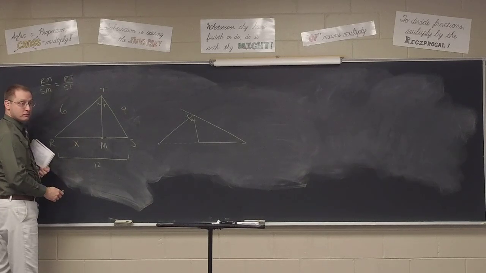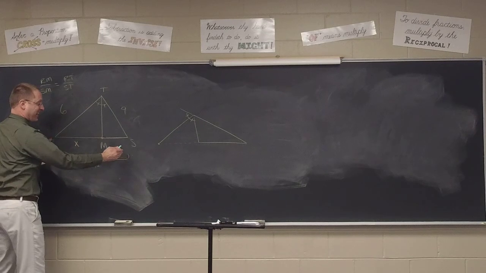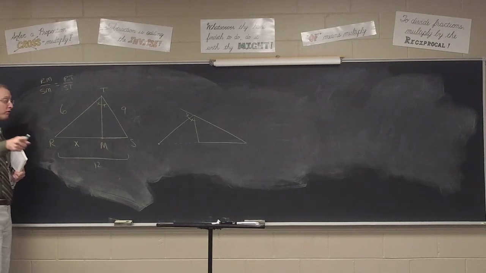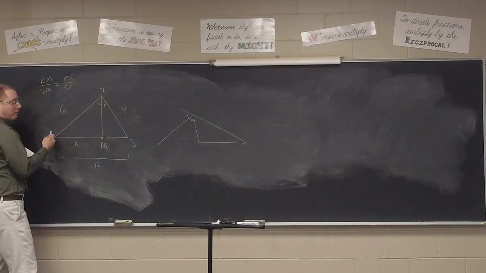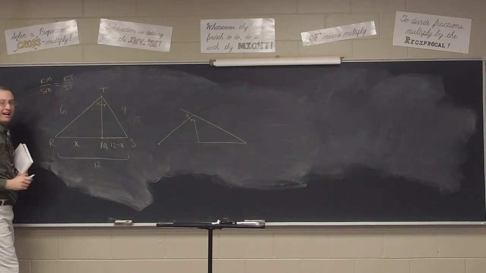Would it be X plus 12? So you see, if I take this piece and I add them together, I'll get that piece? No. It would be X. Can we make MS like Y or something? Nope. Because then we'd have to have 2 equations, and I don't want 2 equations. 12 minus X? 12 minus X. The entire length minus however big the piece X is leaves us with 12 minus X.